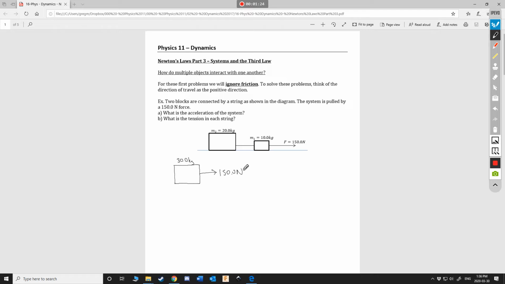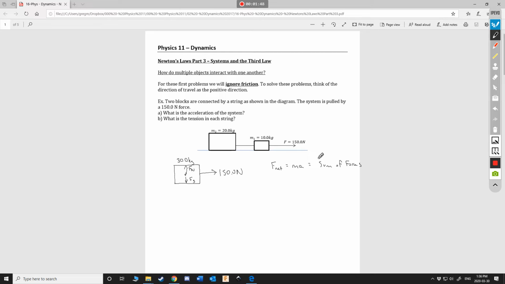From here, it's pretty straightforward. We say F net is equal to MA, and that's equal to the sum of the forces. Of course, there's the normal force and force of gravity as well, but I already know they're going to be equal and opposite, so I'm not going to bother drawing them.